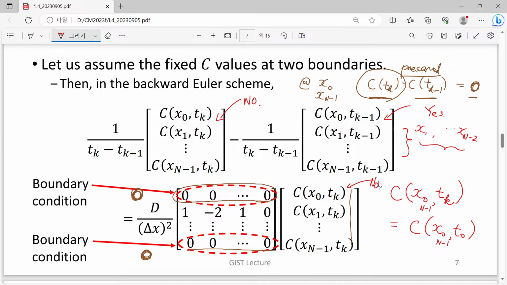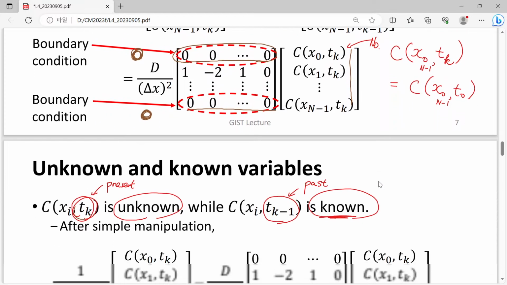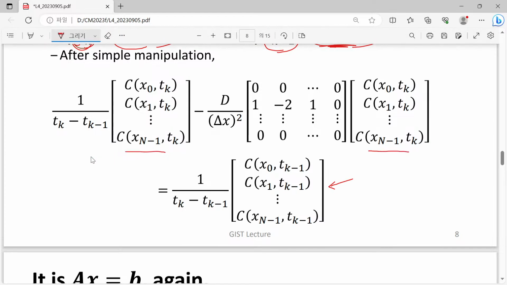So if you have unknown quantities, then please put them all on your left hand side and put your known quantities on the right hand side. If you take this kind of manipulation, then you will find that, okay, these are known quantities and these are unknown quantities, and of course having certain scalar values or matrix multiplication.